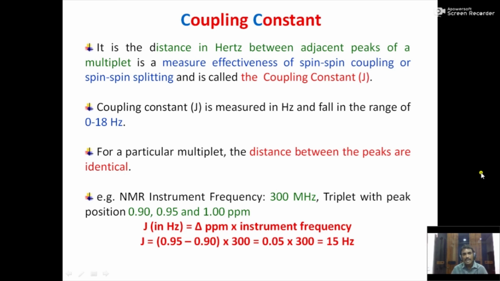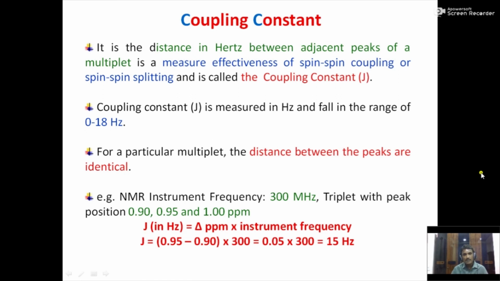Here I have taken one example. Suppose you have recorded your NMR spectrum on an instrument of 300 megahertz frequency. You are getting a triplet whose peak positions are given here: 0.90, 0.95 and 1.00 ppm. So the coupling constant J in hertz is equal to delta in ppm times instrumental frequency.